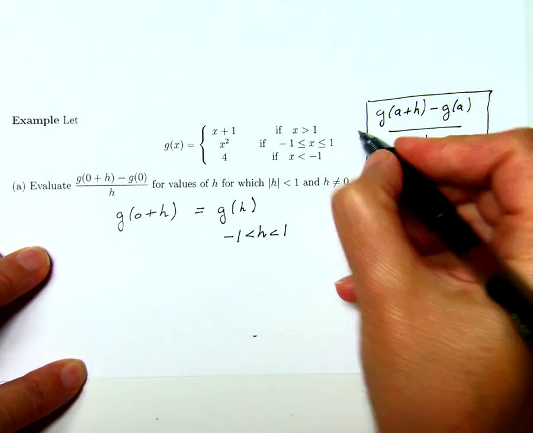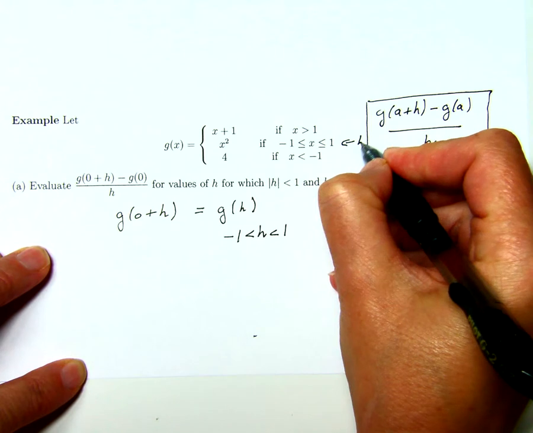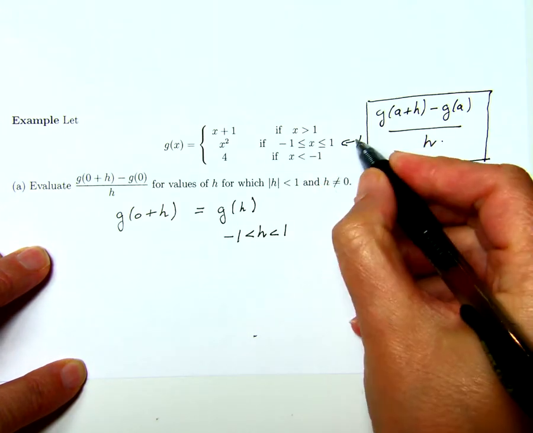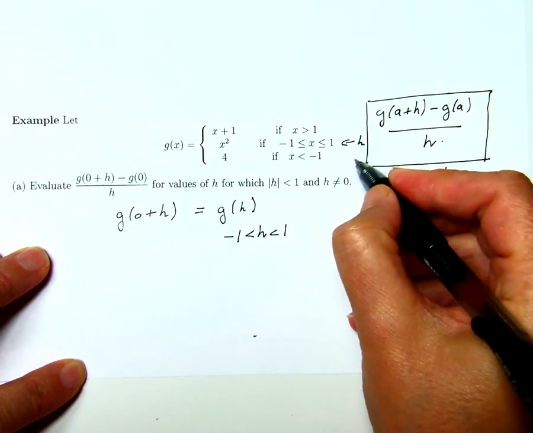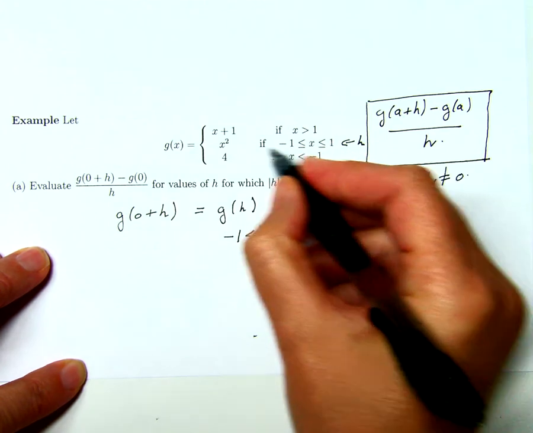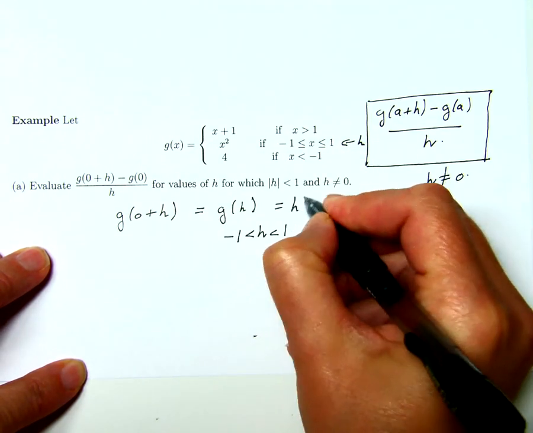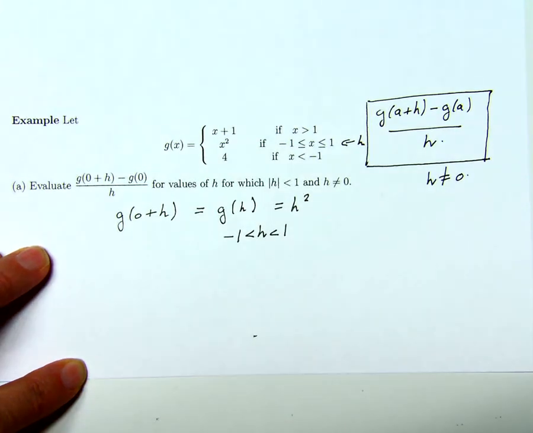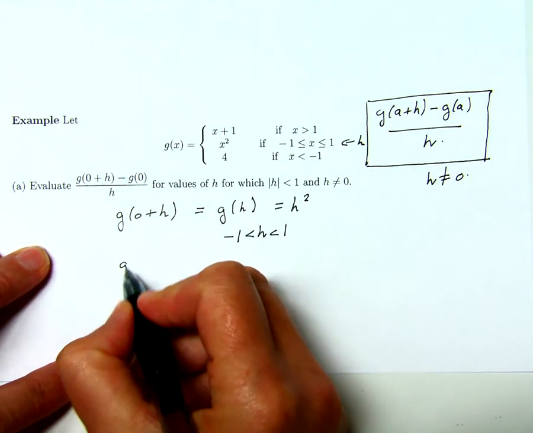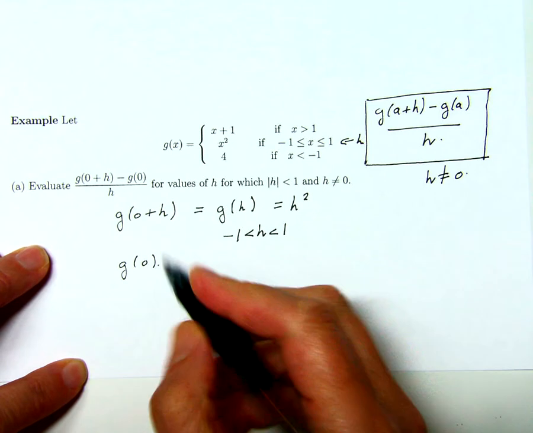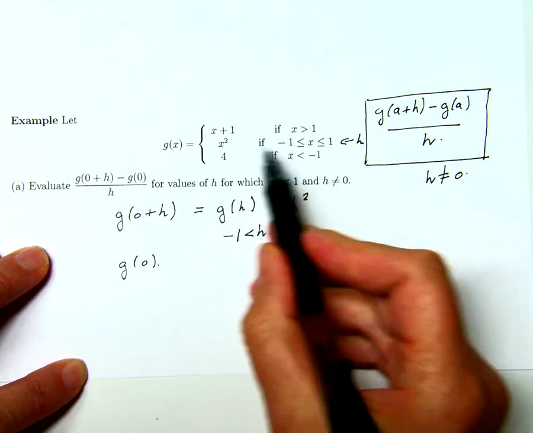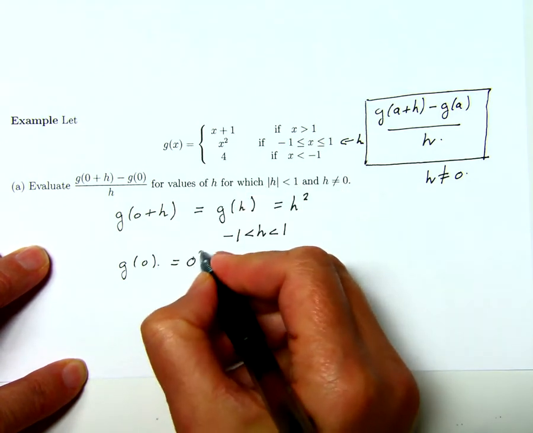So h is in here for this particular example, part A, and that means that g of h has to be h squared in this case. And how about g of 0? Well, that's relatively easy. 0 is also in this category, so g of 0 is 0 squared.